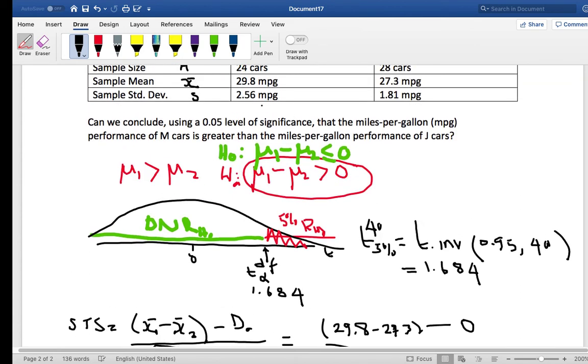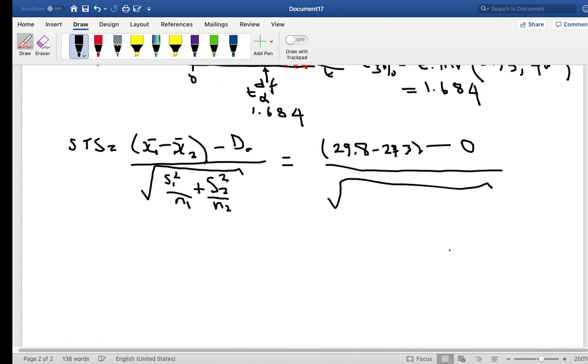Yep, you see it there, s1 squared, s2 squared is 1.81. So it's going to be 2.56 squared divided by sample size, which was 24, plus 1.81 squared divided by 28.